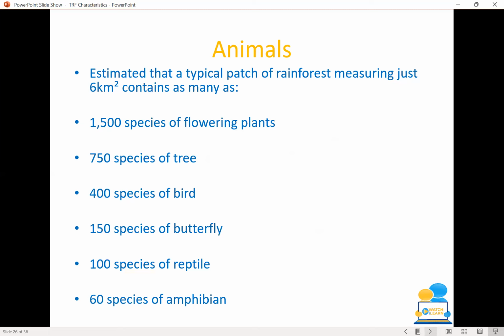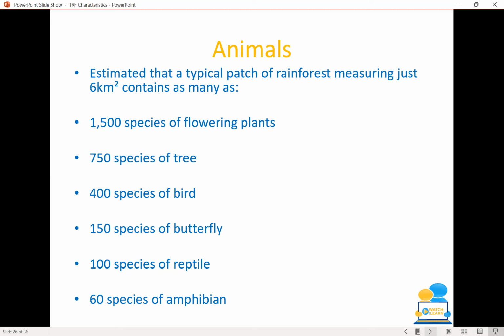It is estimated that a typical patch of rainforest measuring just 6 square kilometers can contain as many as the following: 1,500 species of flowering plants, 750 species of tree, 400 species of bird, 150 species of butterfly, 100 species of reptile, and 60 species of amphibian. So as you can see, the rainforest has a huge variety of plants and animals, and again, more than anywhere else in the world.